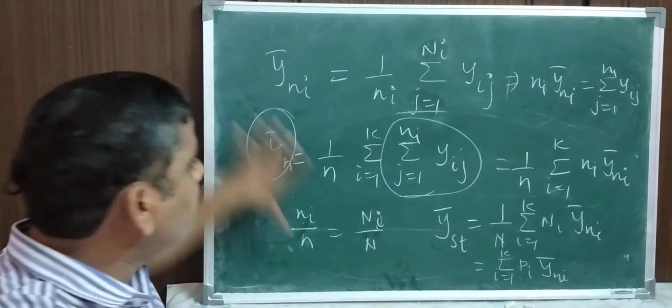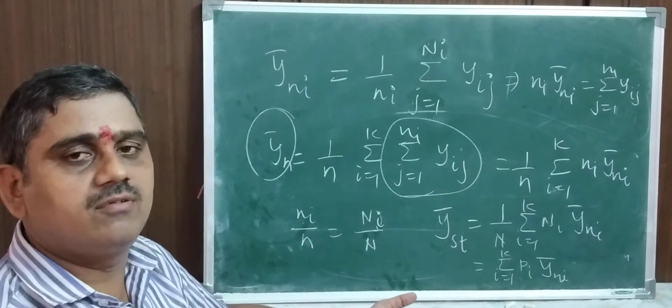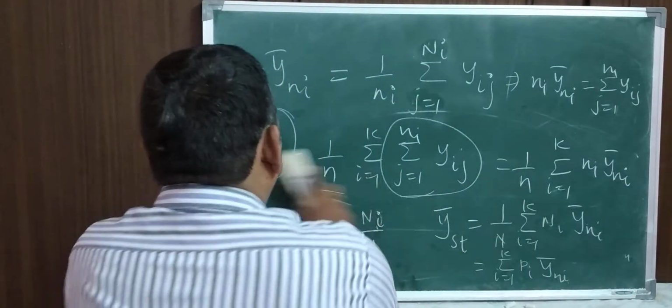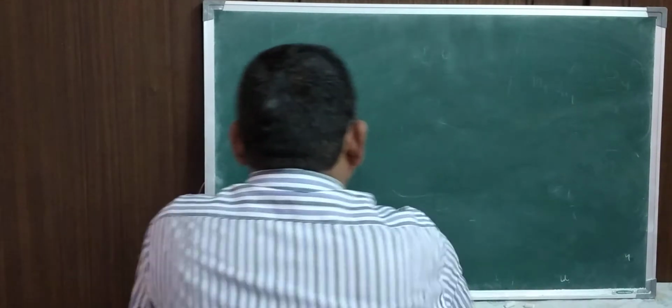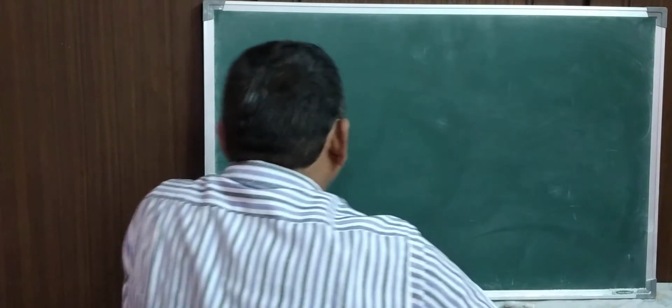These are the formulas of means. Now we write two formulas, which are very simple: the sample mean square formulas. You write and study this.